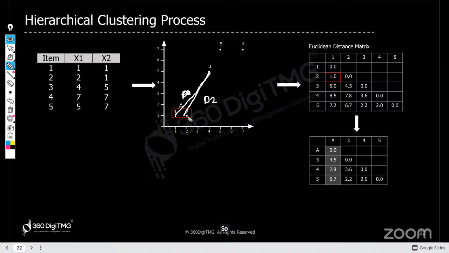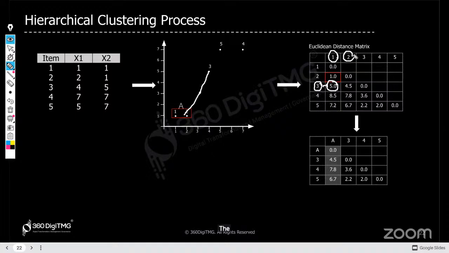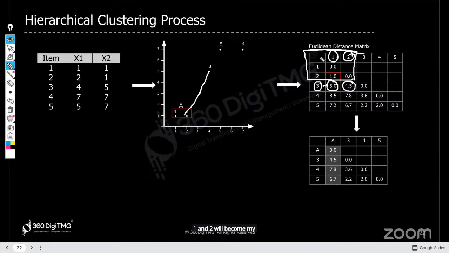Distance 2 is less than distance 1. The distance from 1 to 3 is more than the distance from 2 to 3. So we will consider the distance from 2 to 3, not from 1 to 3. The distance from 1 to 3 is 5, and from 2 to 3 is 4.5. We have created this cluster: 1 and 2 become one cluster, and we put it as A.